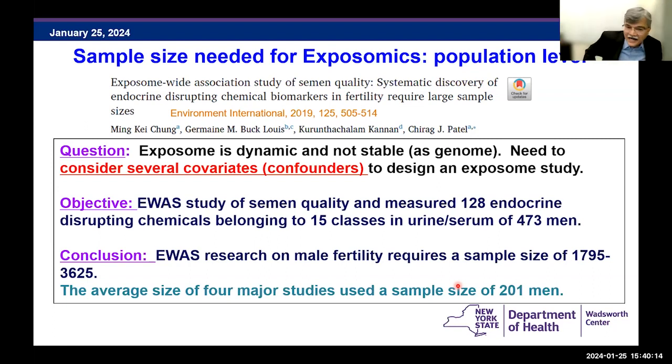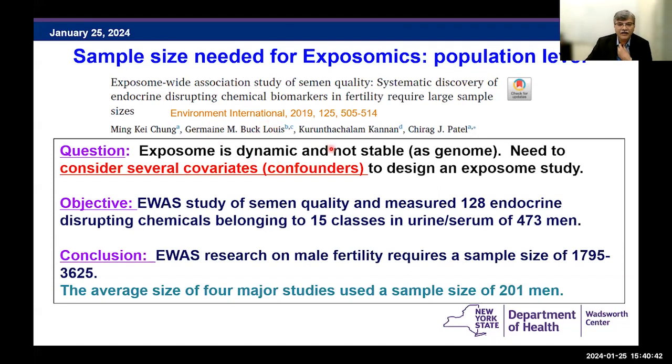So we have done these studies with our colleagues at Harvard University. Chirag Patel is a data scientist, bioinformaticist. We collaborate with them. We collaborate with epidemiologists, Germaine Buck Louis. We worked with Germaine for 10 years, providing analytical support for a wide range of epidemiological studies. Tens of thousands of samples were analyzed for those studies.